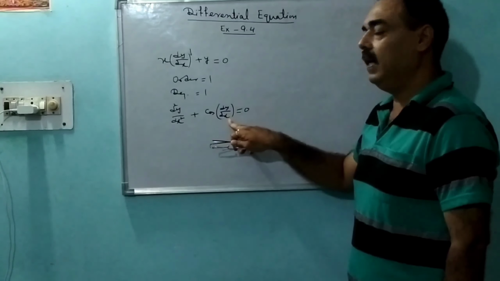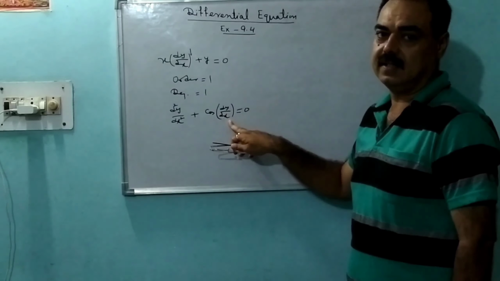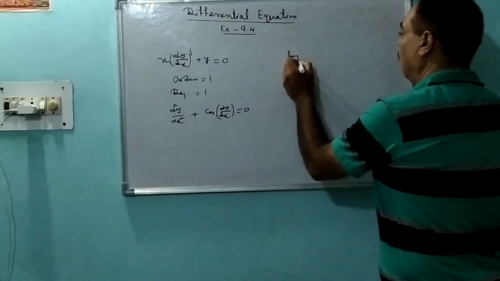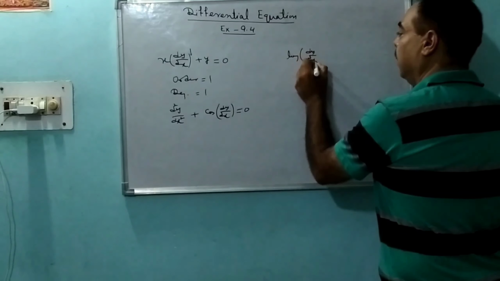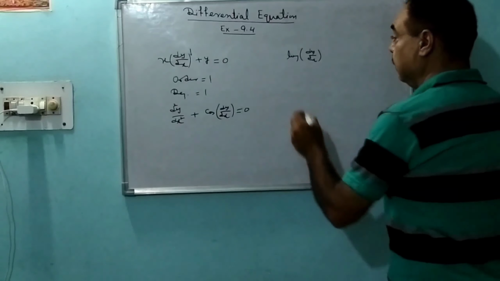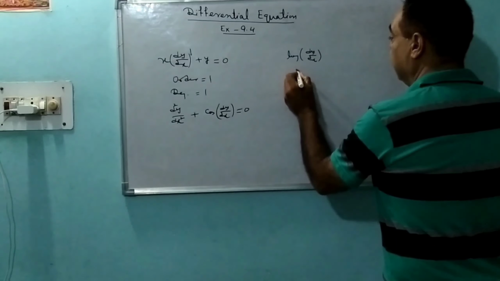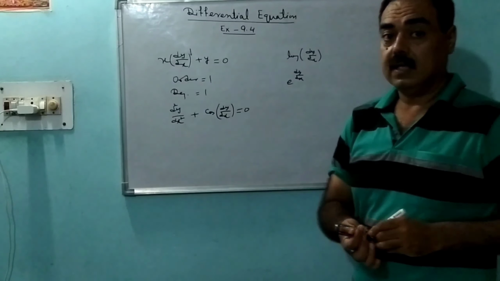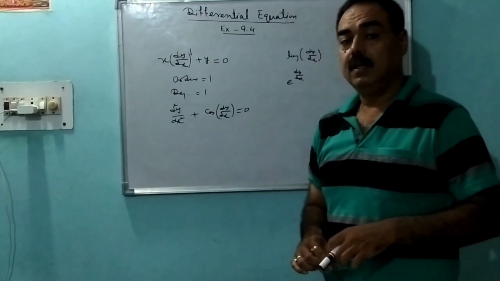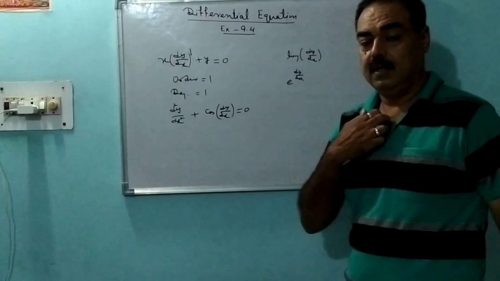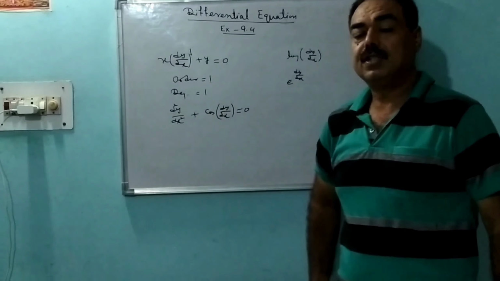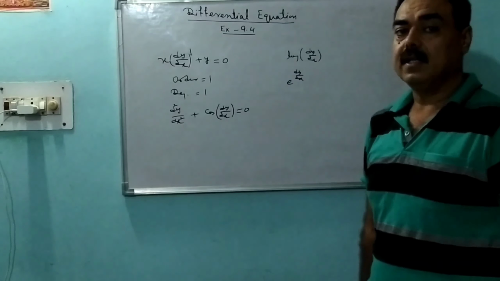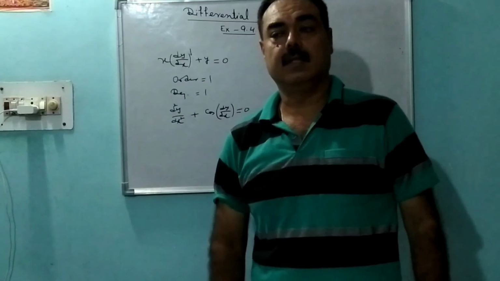So the degree in this case doesn't exist. Whenever we have log of dy by dx, degree doesn't exist. Whenever we have e raised to power dy by dx, degree doesn't exist. So these are a few examples where degree doesn't exist. When anything is not polynomial in differential coefficient, then degree doesn't exist in those cases.